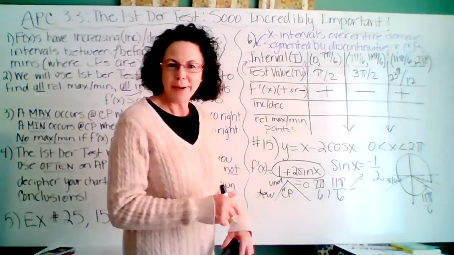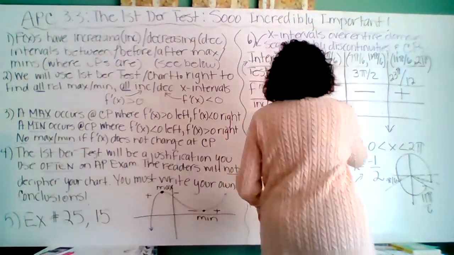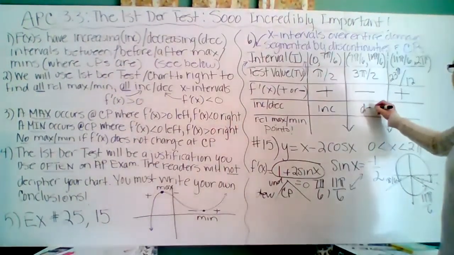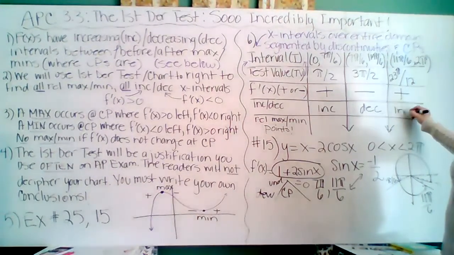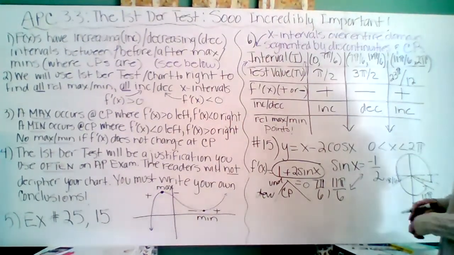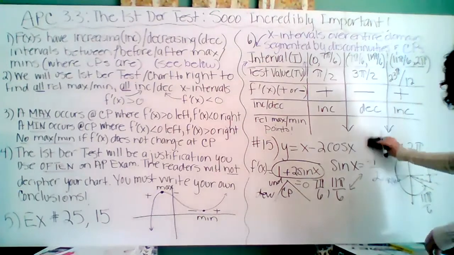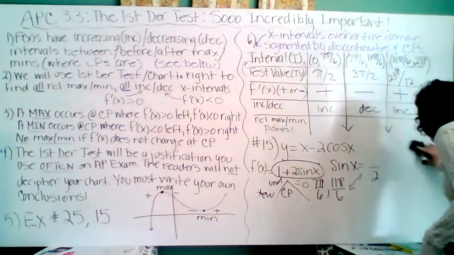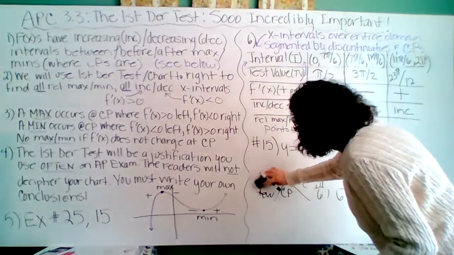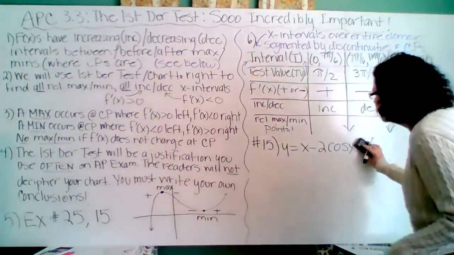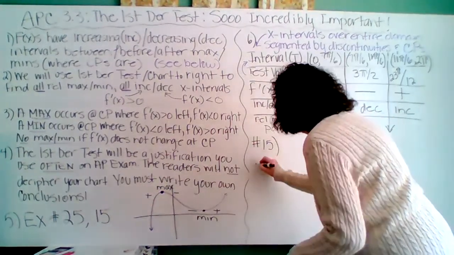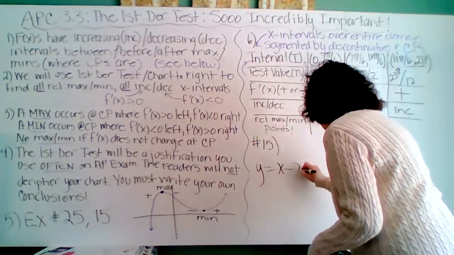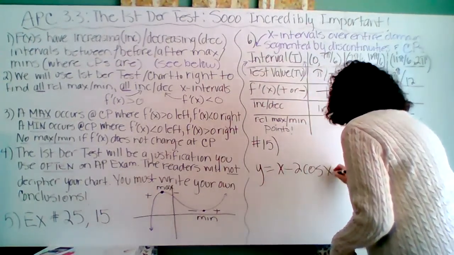Okay, easier part: increasing, decreasing, and increasing. Okay, relative max or mins. All right, let's take a look here. So just getting rid of a little bit of work here. I'm going to move this function down. Okay, let's see.